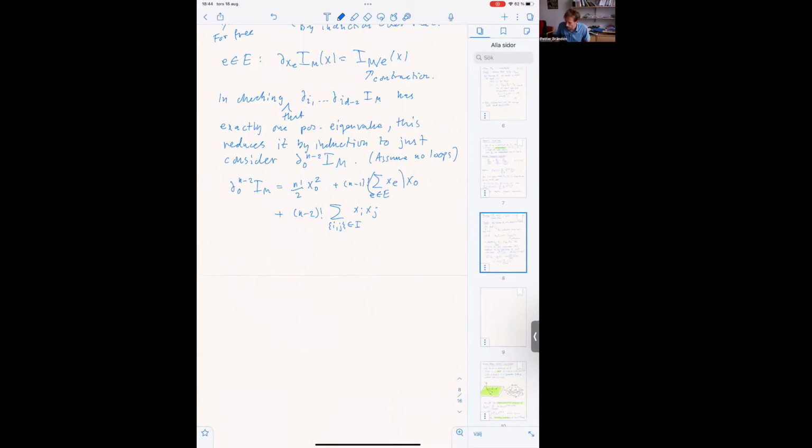So we can simplify this. So we divide by n minus 2 factorial. So what do we want to prove?